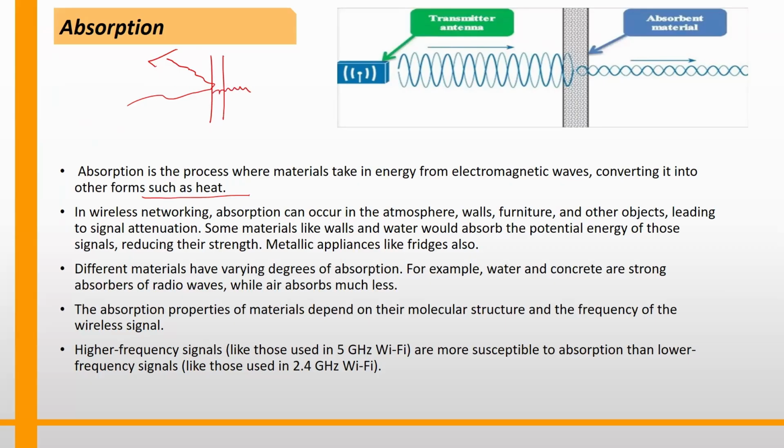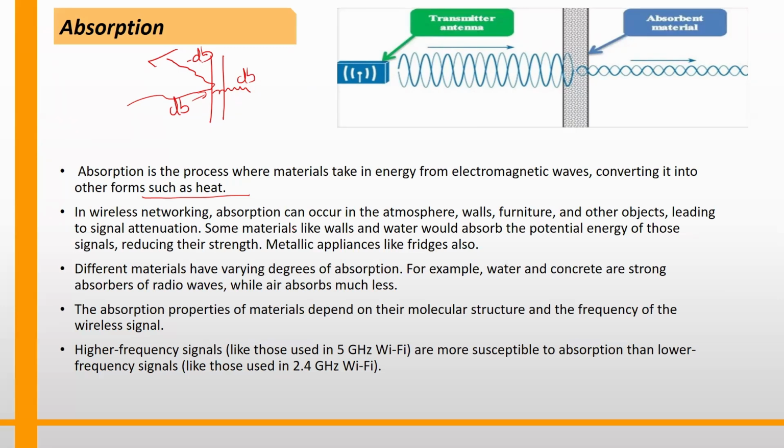It is not only the reflection that happens, but the absorption also happens. You are sending the signal at some particular dB. When it is hitting here, it will be very less dB. Some part of the signal will be absorbed. Some part of the dB will be absorbed. Signal strength will be absorbed.